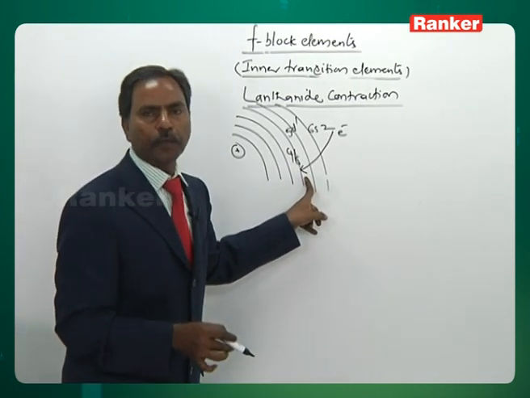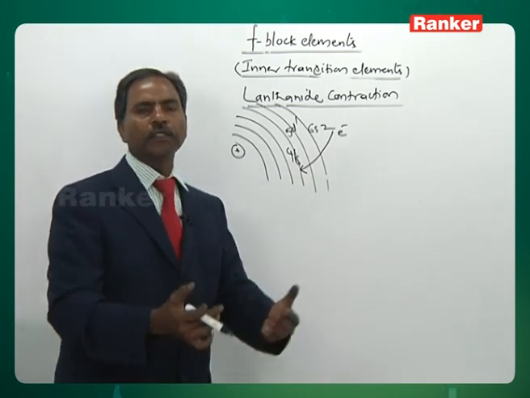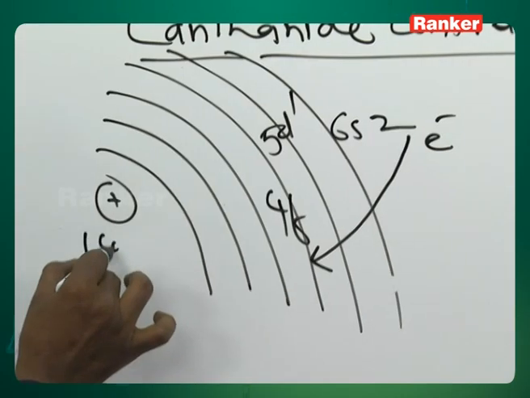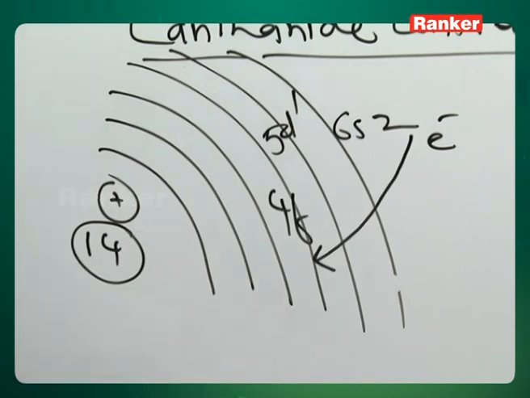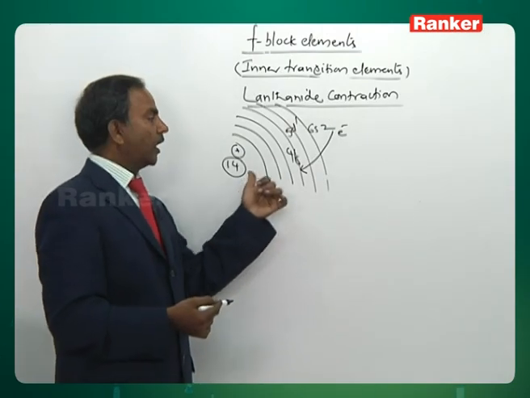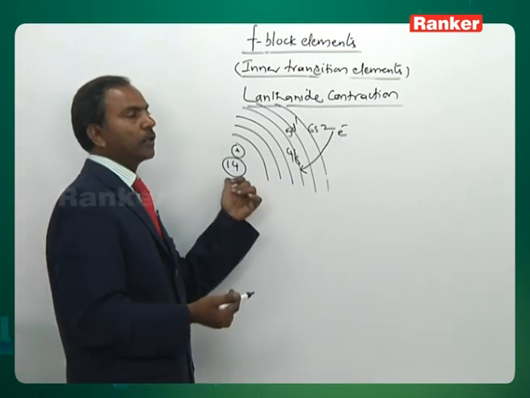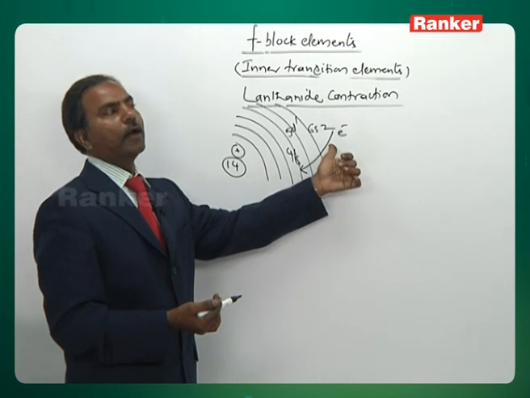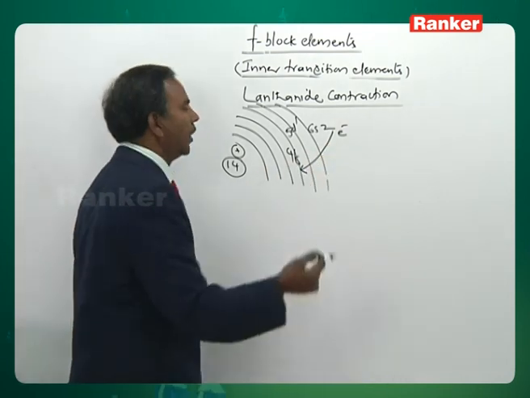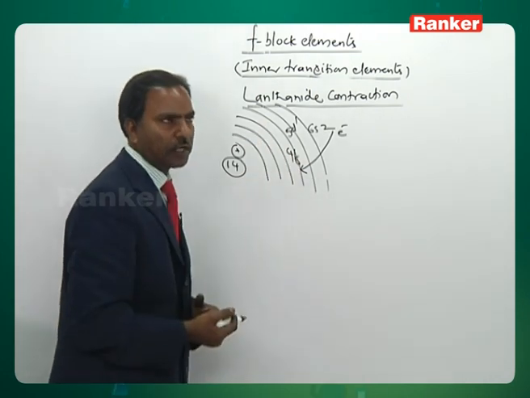As a result of this, 14 electrons are entering into the antipenultimate shell. Once 14 electrons enter, similarly 14 units of nuclear charge are increasing. Nuclear charge is increasing and electrons are entering into f orbitals of the antipenultimate shell, and f orbitals are poor shielders.